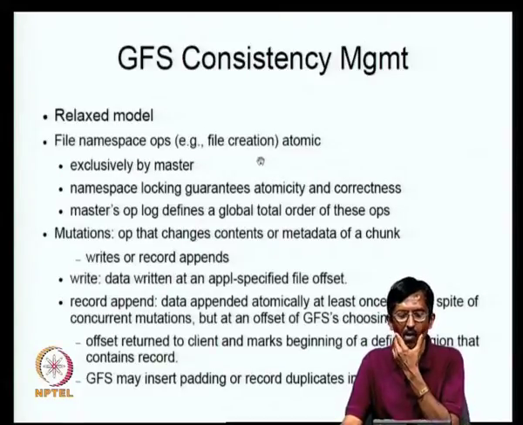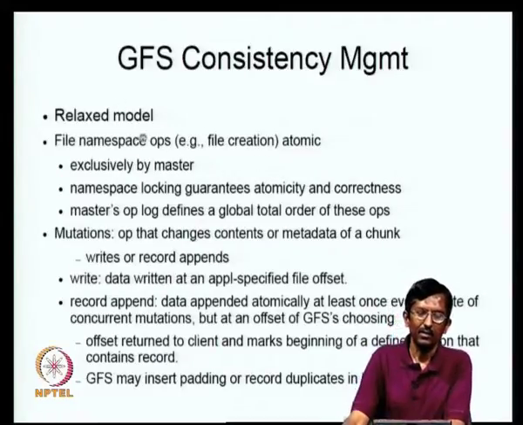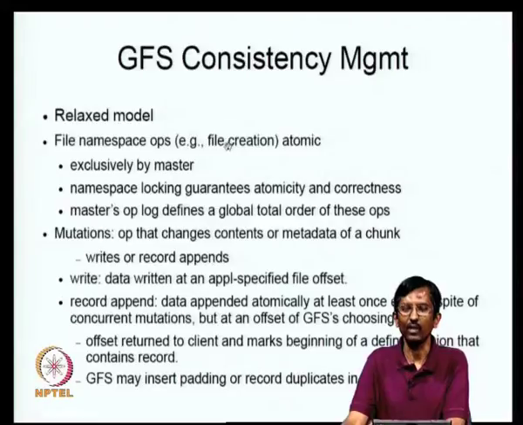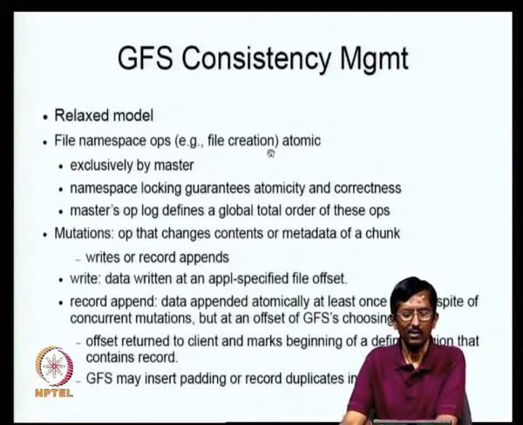You notice that some things have to be atomic. For example, if you are doing file create, you create a file and it also has to be inserted into the directory in an atomic manner. If you do not do this, then it can create lots of complexities.